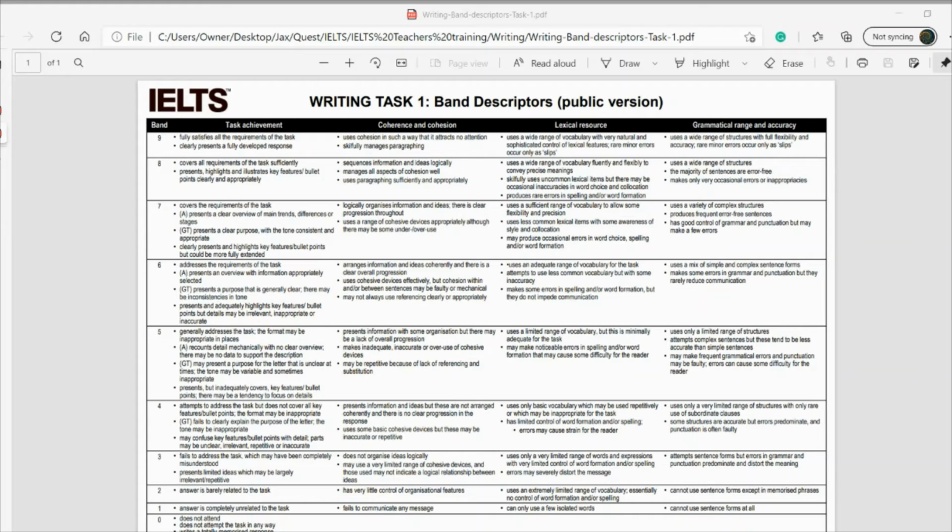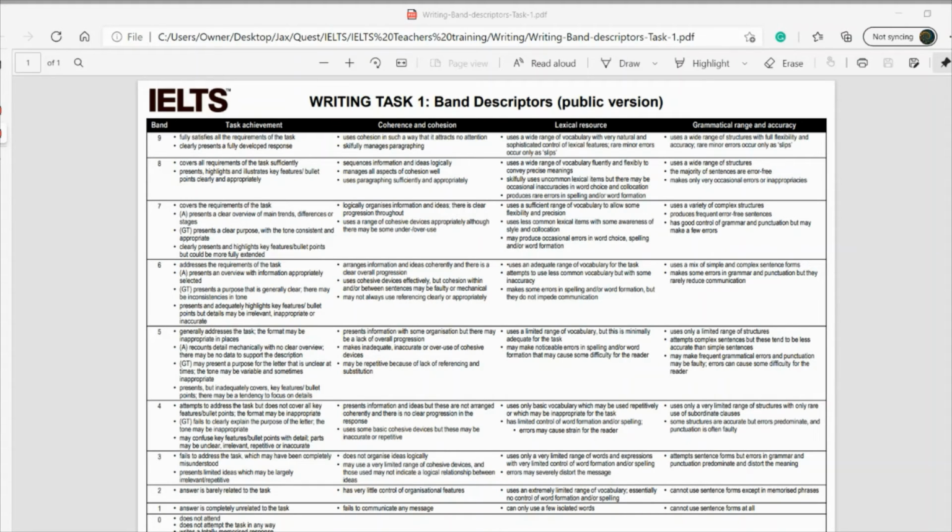Our third column is Lexical Resource. This refers to the range of vocabulary used and its accuracy and appropriacy in terms of this specific task. And then finally, grammatical range and accuracy refers to the range and accuracy of grammar used.